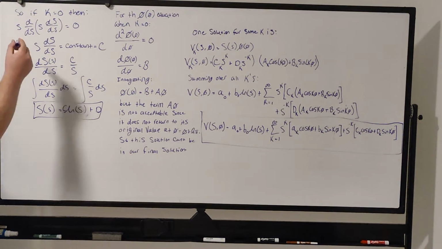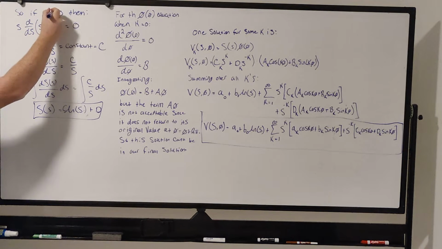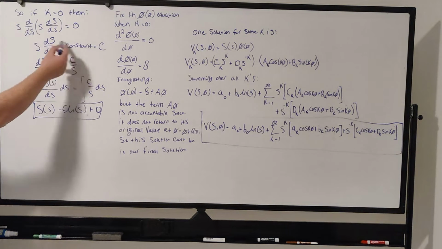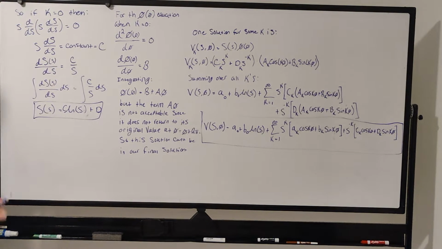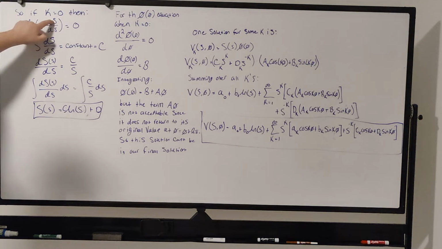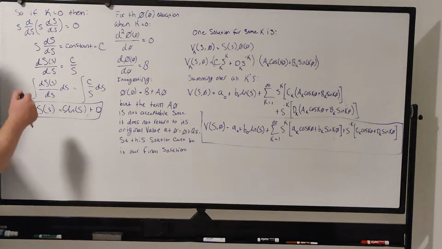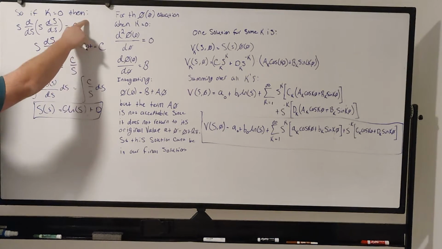All right, so if k is 0, then, looking at the original equation for the differential equation we started with, for s. Remember, this s is the function, so we know what this equation is saying.